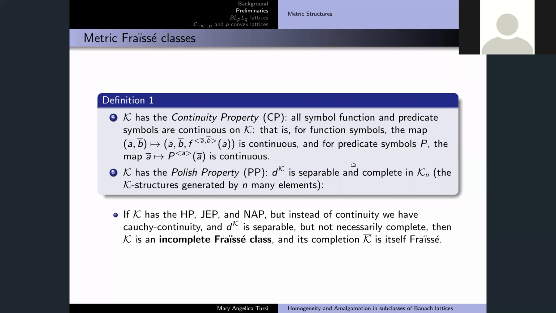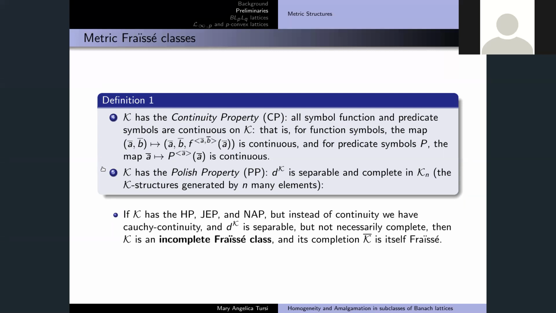And predicate symbols, so for Banach spaces, think like the norm, for instance. If I have a tuple, the map from a collection of tuples to the norm, or some other predicate operation, that's also going to be continuous.